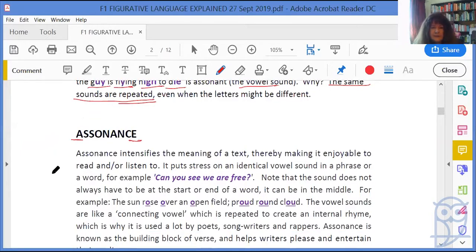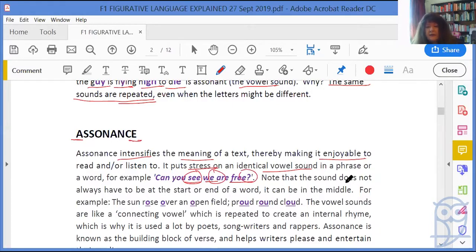Right, what does assonance do? It intensifies the meaning of a text, so it makes it more enjoyable to read or listen to, and it puts stress on identical vowel sounds in a phrase or a word. Can you see we are free? There's your E vowel sound.